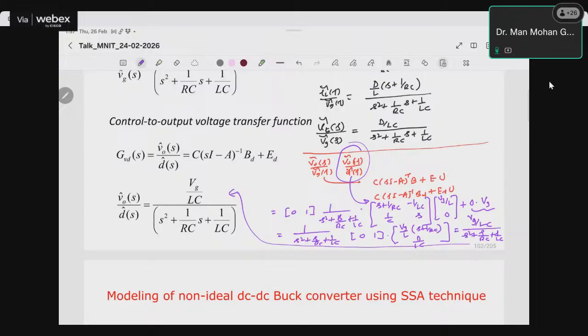So like that, we can see that we can get multiple transfer functions. Now, the same analysis we will do for the non-ideal DC to DC buck converter in the next class, which is at 4 o'clock. Now, if you have any questions, please ask.